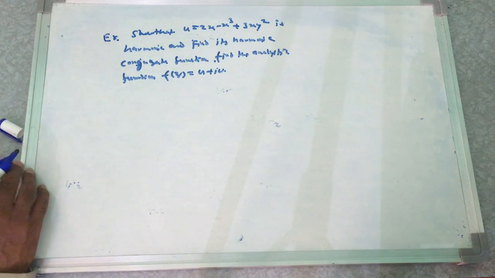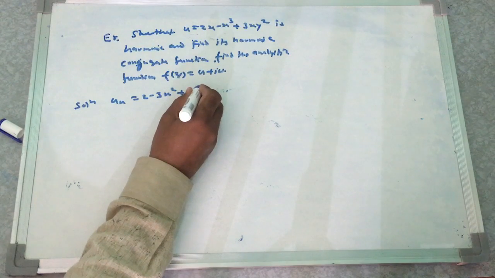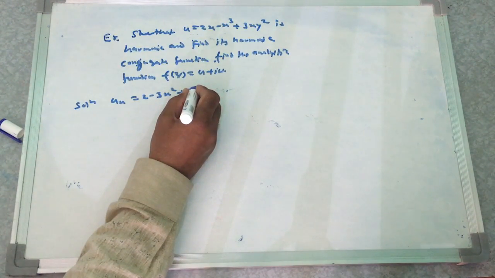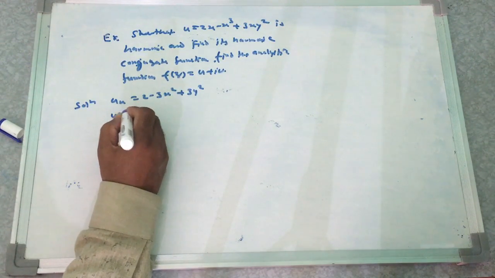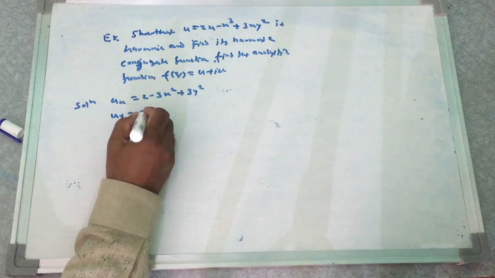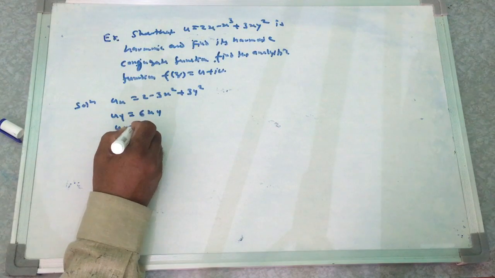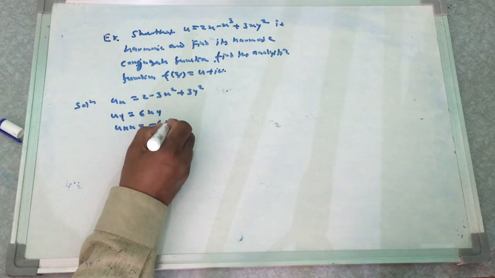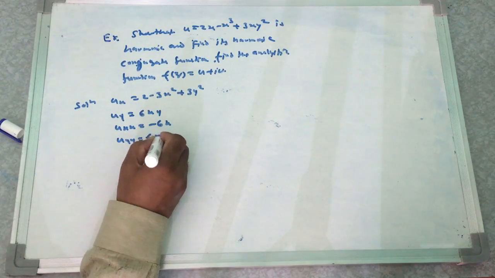It means in the solution we have to find u suffix x is equal to 2 minus 3x square plus 3y square. U suffix y is equal to 6xy. U suffix xx is equal to minus 6x, and u suffix yy is equal to 6x.